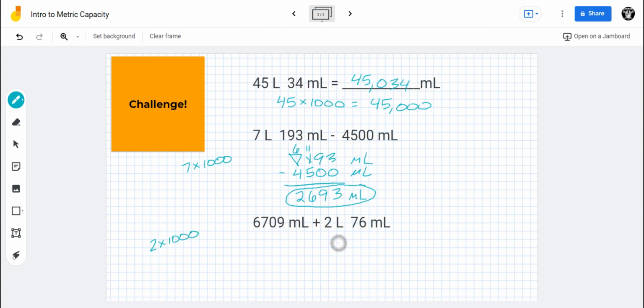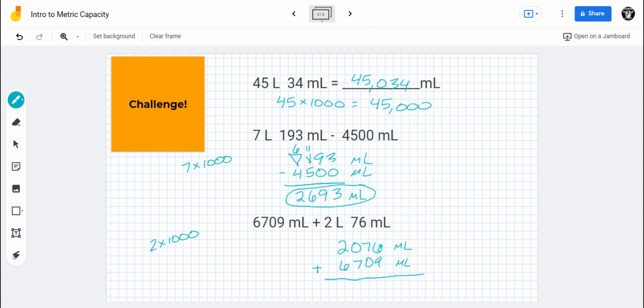So I'm going to end up with 2,076 milliliters, right? And then I'm going to add to that 6,709 milliliters. Now you'll notice I switched the order of the numbers on this problem, but that doesn't really matter. You can do that in an addition problem. It doesn't matter which one is on the top or the bottom. That would matter in a subtraction problem, but not for this addition problem.